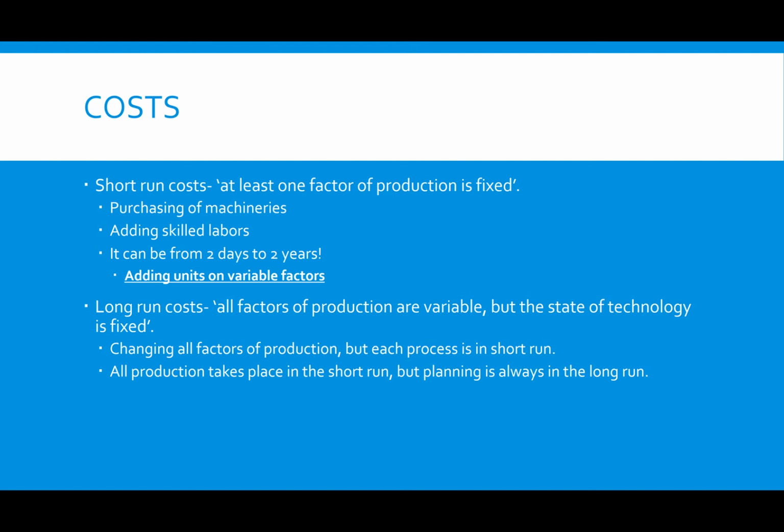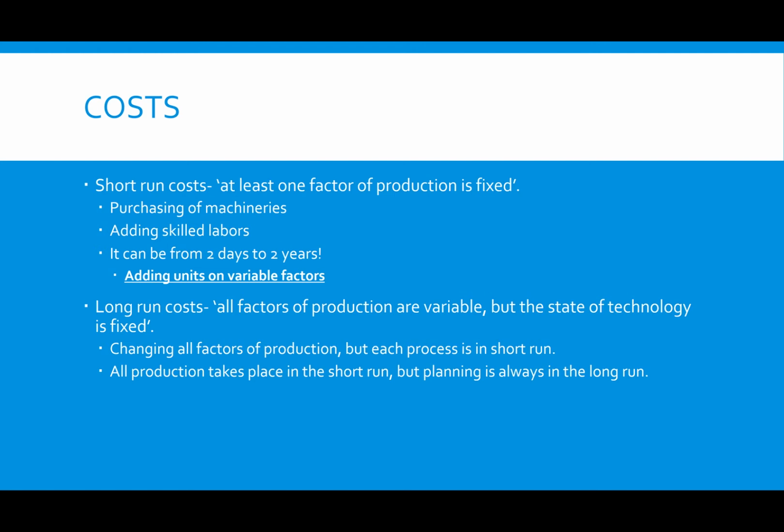On the other hand, long-run costs are types of costs where all factors of production are variable, but the state of technology is fixed. Changing all factors of production, but each process is in the short run. So long-run cost is the planning stage.